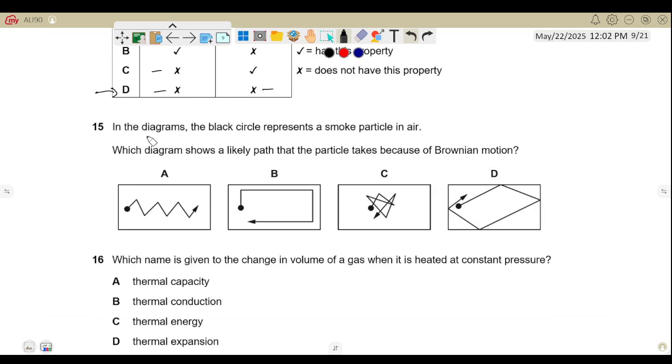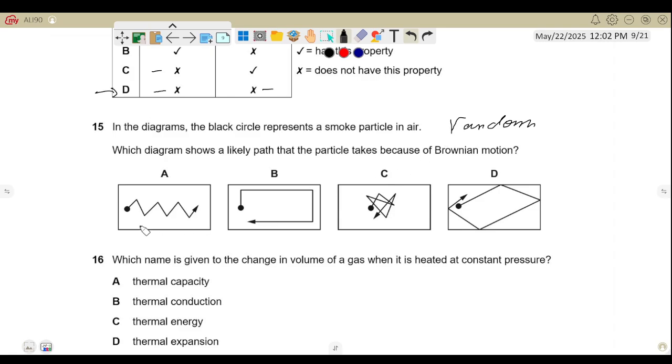For 15 here, in the diagram, the black circle represents a smoke particle in air. Which diagram shows a likely path that the particle takes because of Brownian motion? When we say Brownian motion, that means a certain random motion.